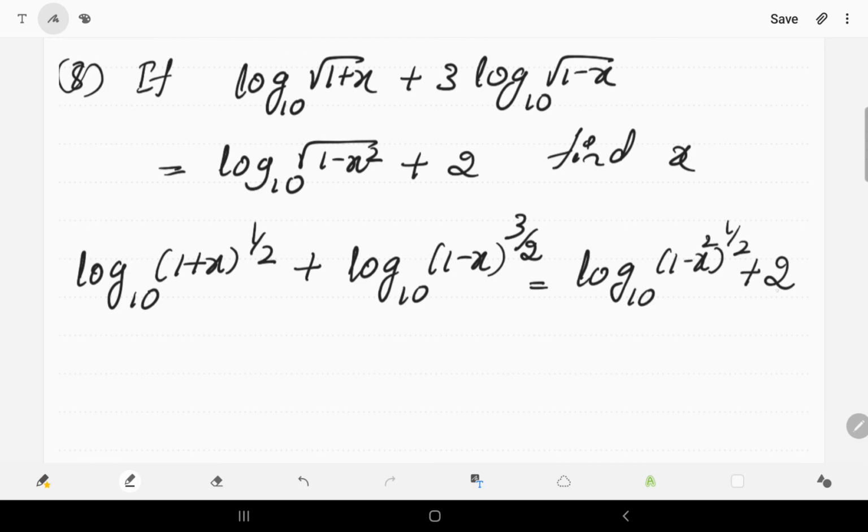Now 2 can be written as log of 100 to the base 10, because 100 can be written as 10 square. Now all bases are same, so log of m plus log of n is equal to log of mn.